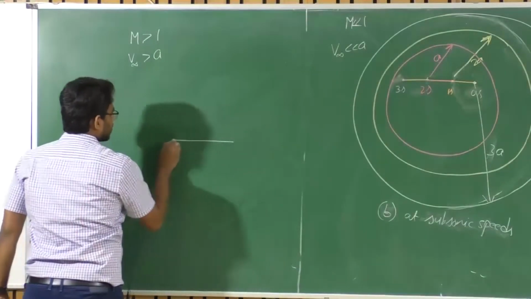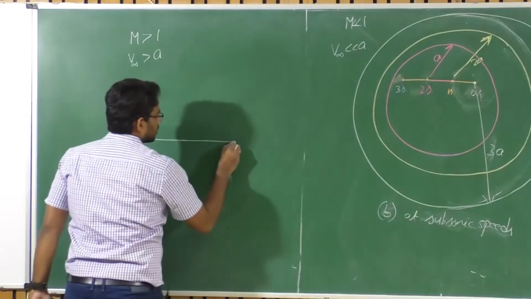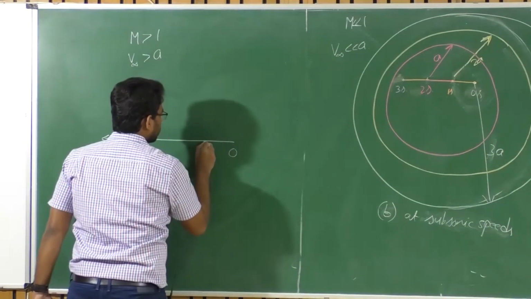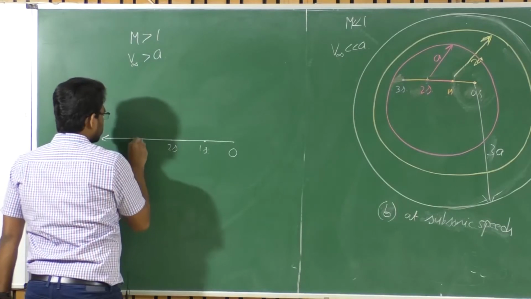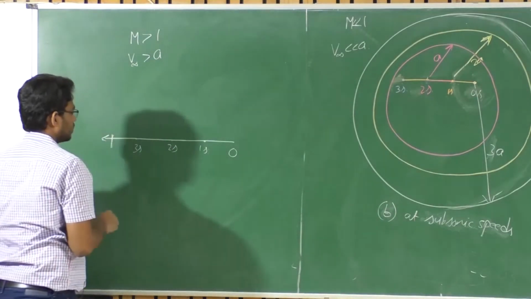So now let us consider the propagation of this disturbance. So let point O at 1s, 2s, 3s, right, and you are at some other location here, right?